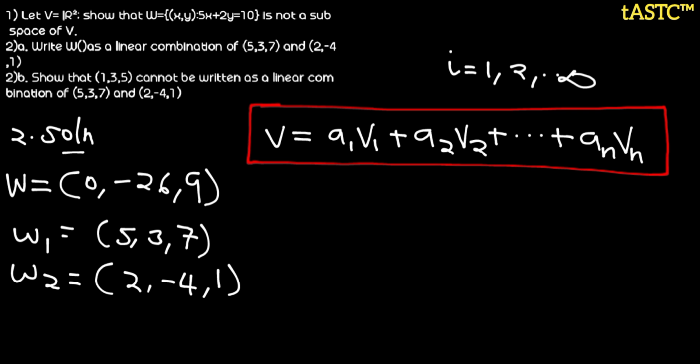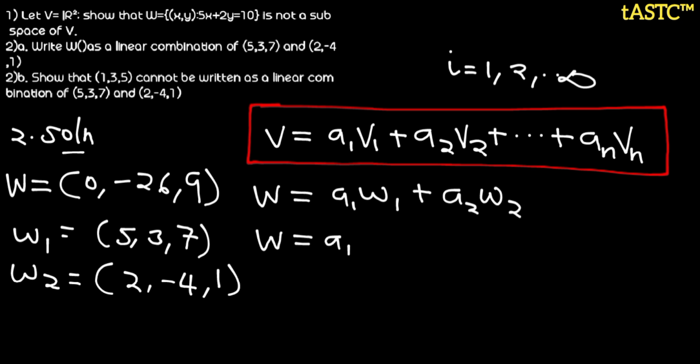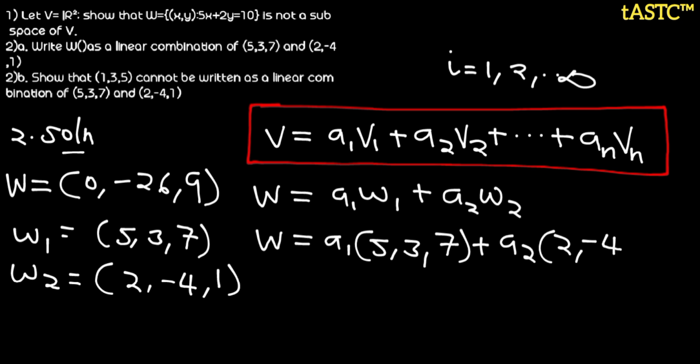So here we have that W must be equal to A1 of W1, and here we're going to have A2 W2. So what is W1? That is 5, 3, 7, and here we have an A2 multiplied by W2, which is 2, negative 4, 1.